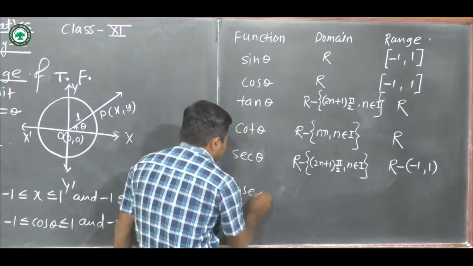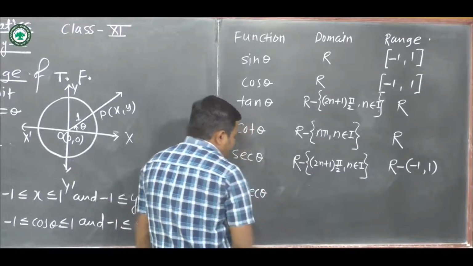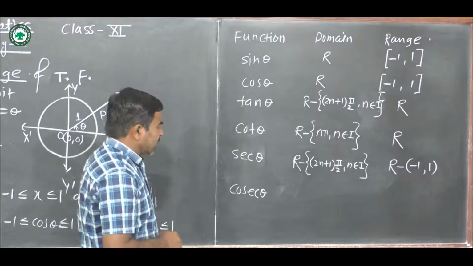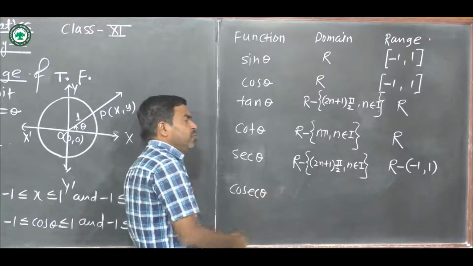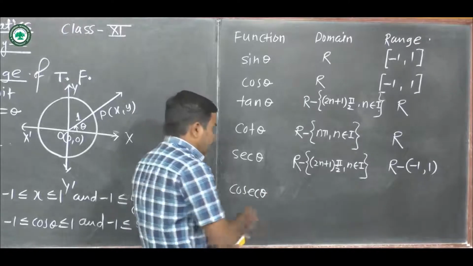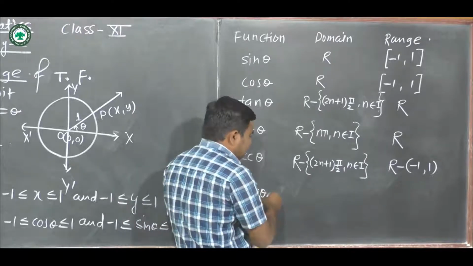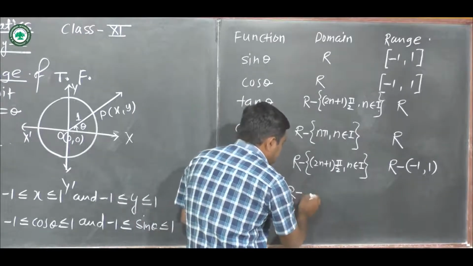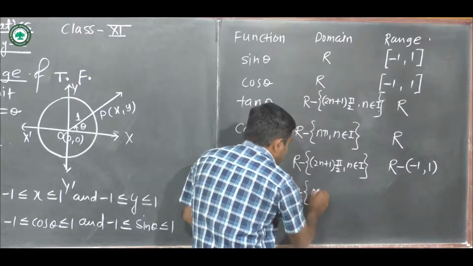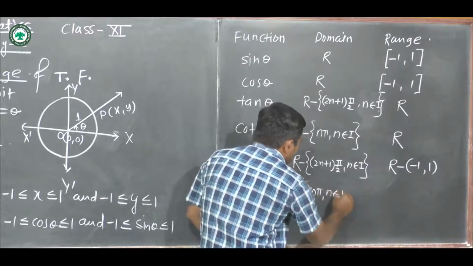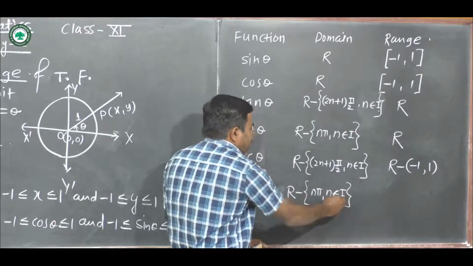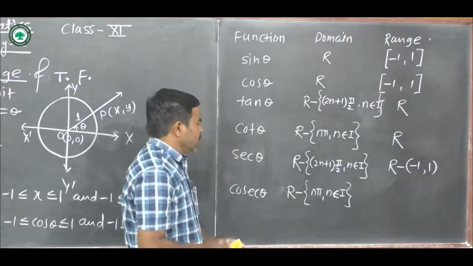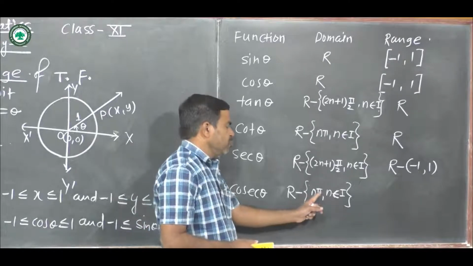Cosec theta. See, cosec theta is not defined for 0, plus or minus pi, plus or minus 2 pi, and so the domain of cosec theta is R minus n pi, n belongs to I. N belongs to I means if you take n equal to 0, it becomes 0 times pi, 0.